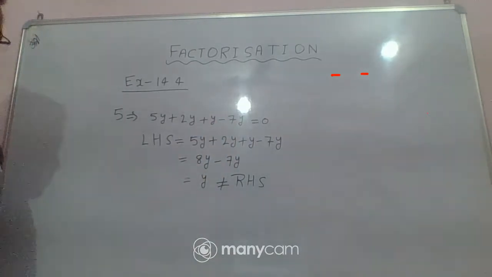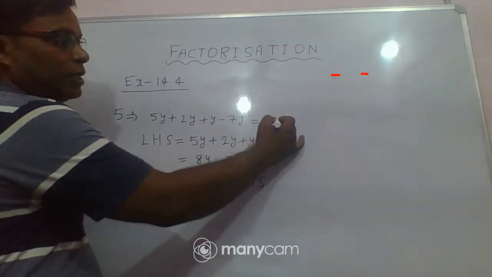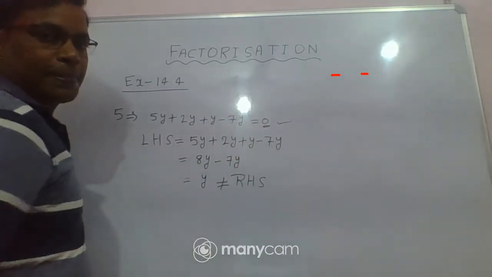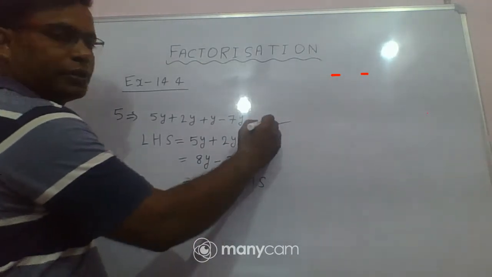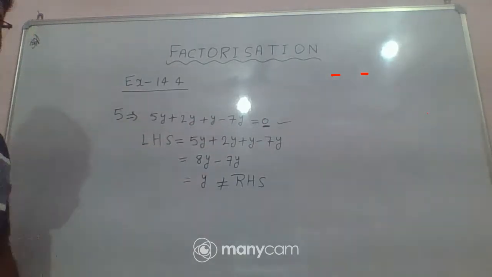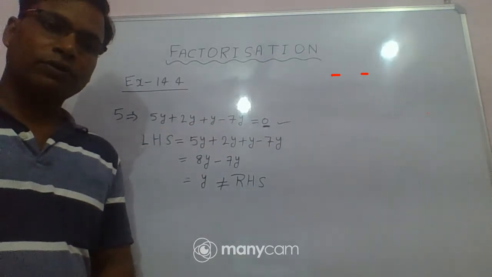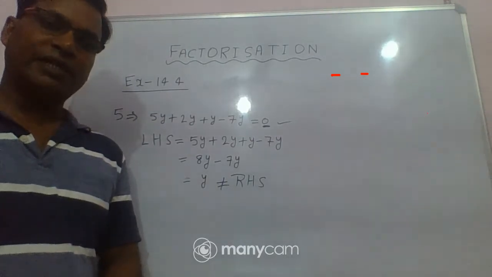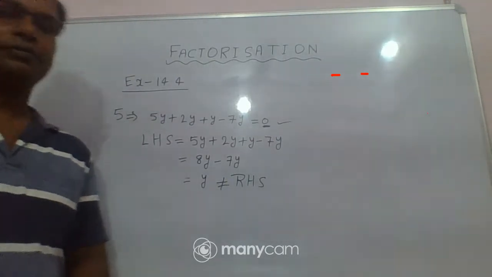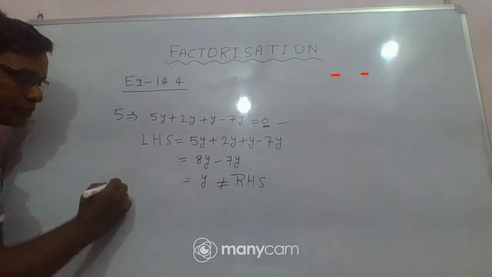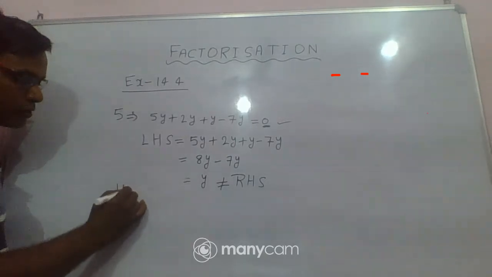But this is not equal to the right hand side, because you can see here the right hand side is 0. So the error is here. This is the error point. So we find the error. Now we are going to write the correct mathematical statement. Clear?